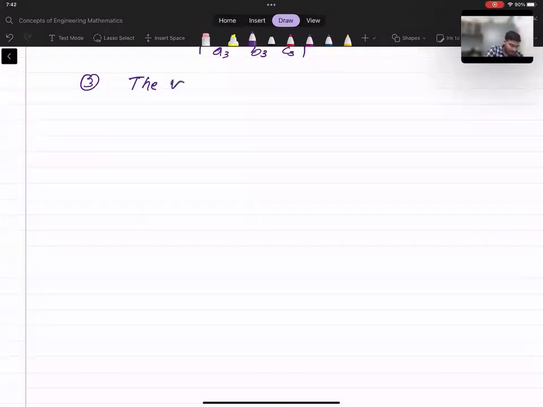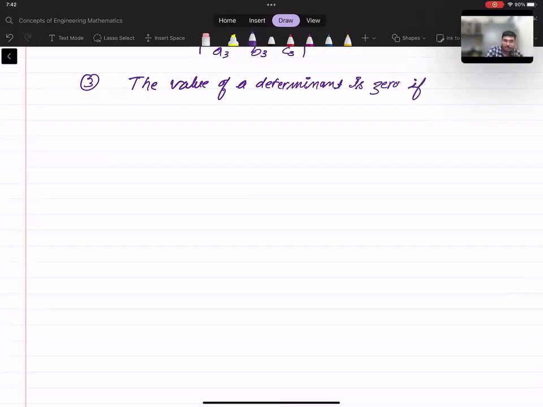That is, the value of determinant is 0 if, first case, all the elements of a row or column, whether it be any row or column, are 0.